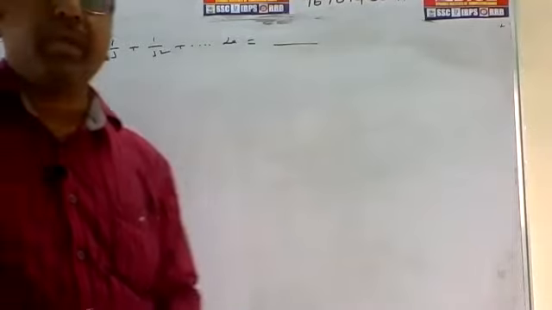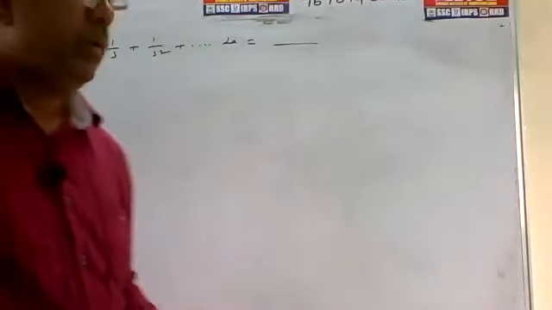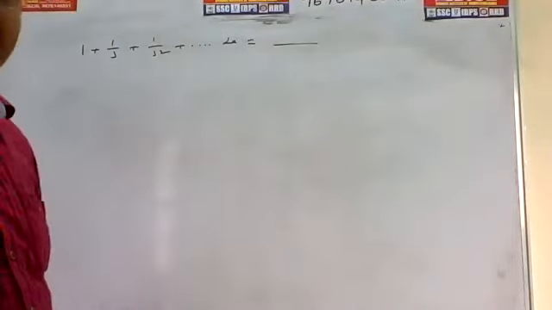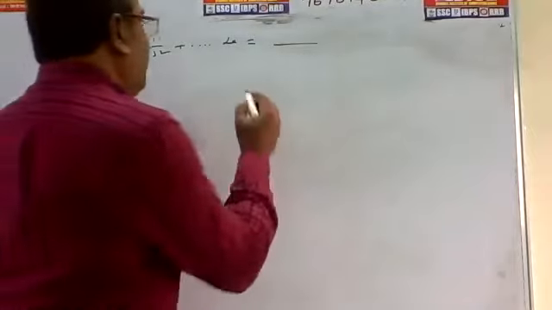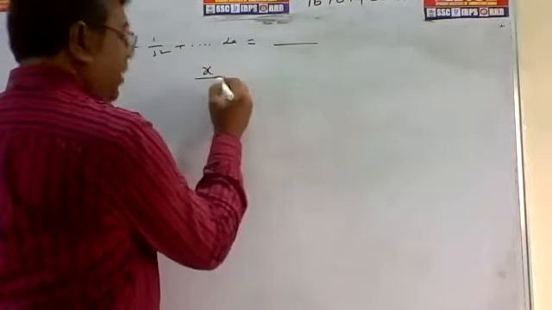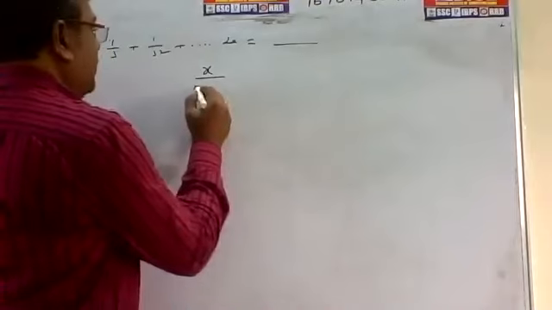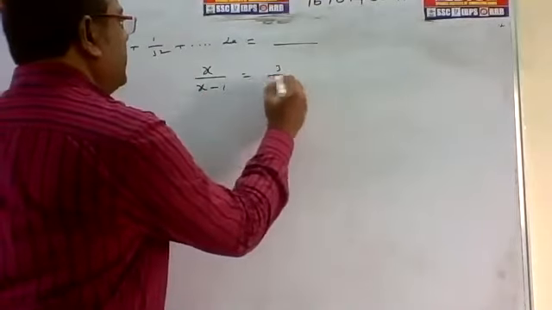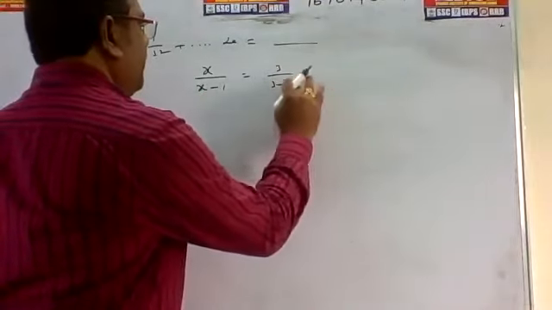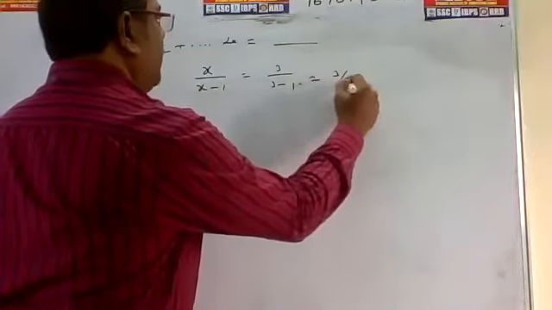Very good. Now using the first formula, what is the formula? The first formula is x by x minus 1. Here x means 3, so 3 by 3 minus 1. So the answer is 3 by 2.